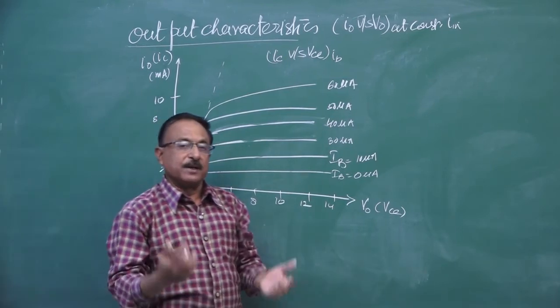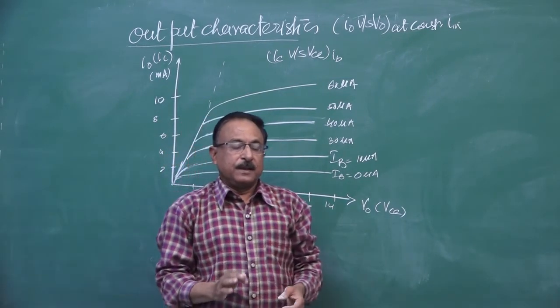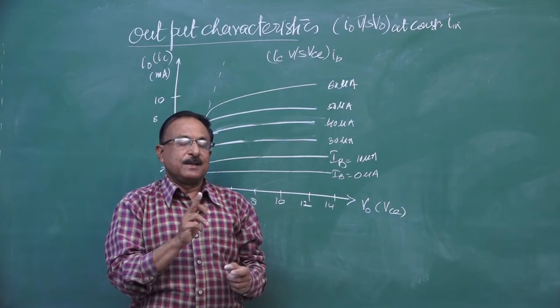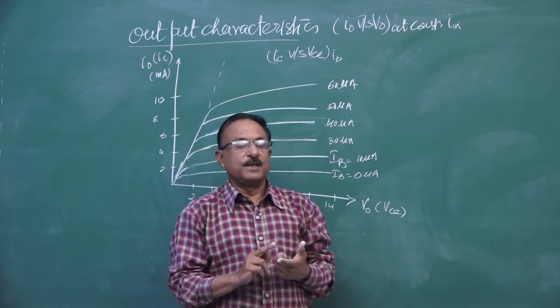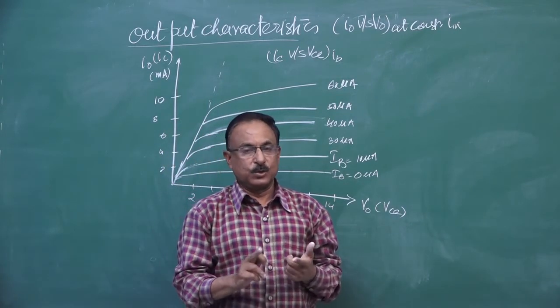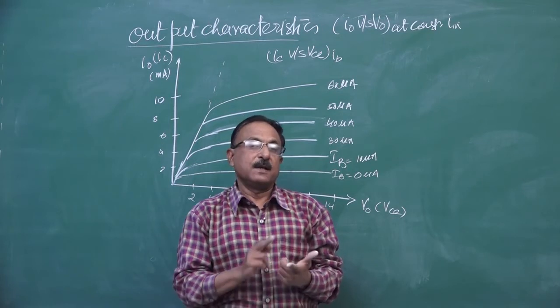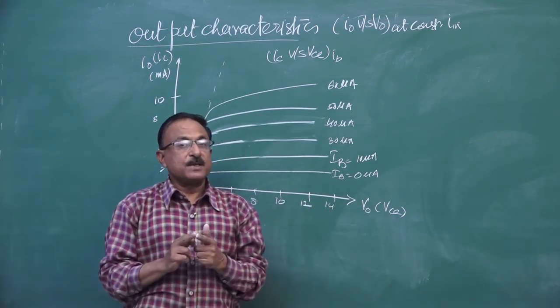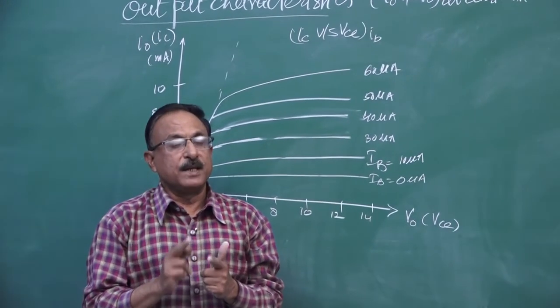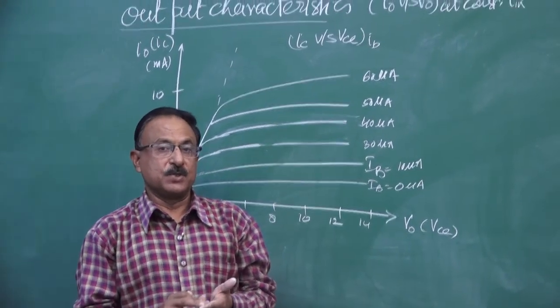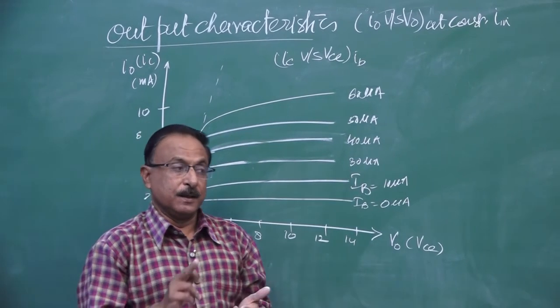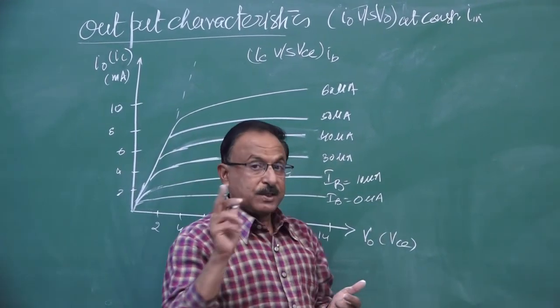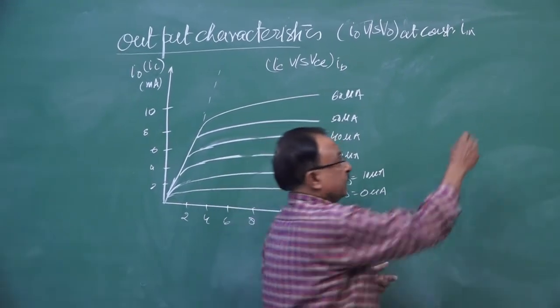Now what type of graph will there be? Just remember that output is always reverse bias. I told you the collector is always reverse bias, emitter is always forward bias. So output is reverse bias, so the output characteristic will be the same as a reverse bias PN junction. You know the characteristic of the reverse bias PN junction.